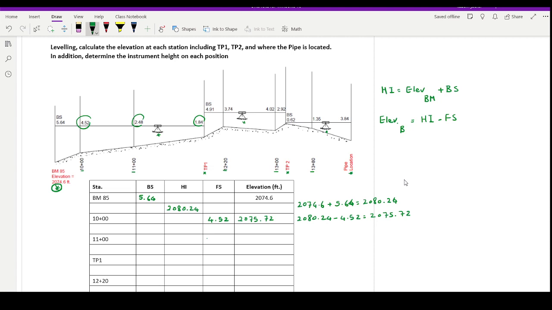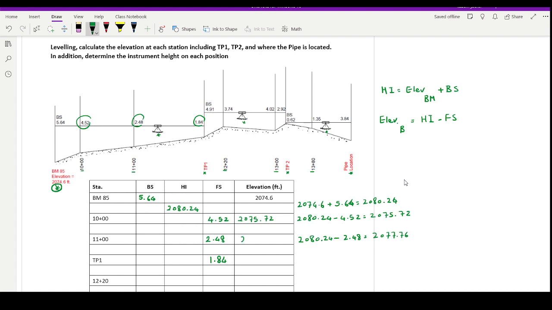Then elevation at station 11+00, I write this foresight 2.48, and I'm going to write elevation at this turning point also, which is 1.84. So therefore this is going to be 2080.24 minus 2.48, and it will give us 2077.76.